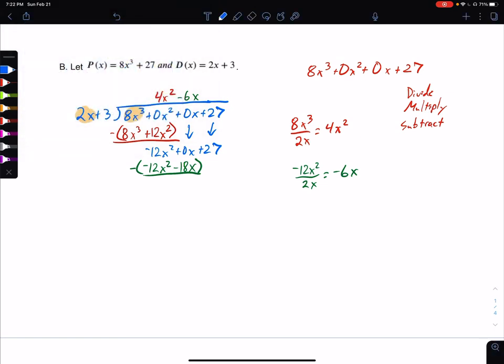This is where your signs, you really have to be careful. Negative 12 minus negative 12 is negative 12 plus 12. That cancels out. That's supposed to happen. Now we have 0 minus negative 18, which is 0 plus 18. So this here is going to be 18x. And then we'll drop down our 27.